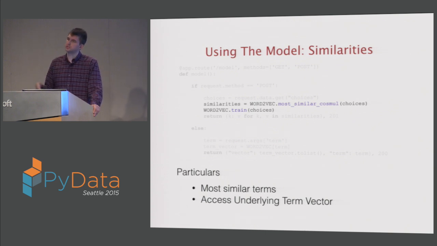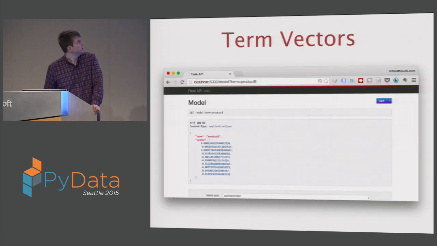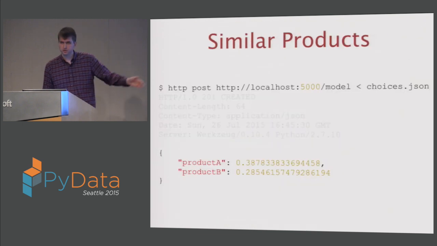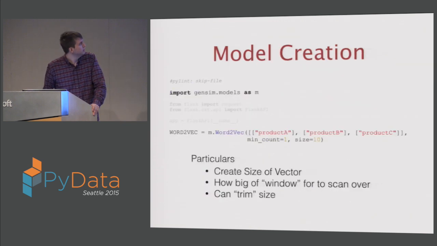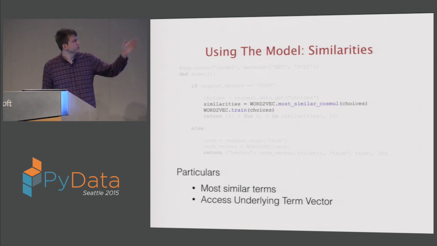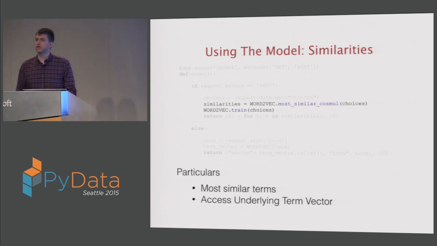So this would be products, for example, but it could really be anything, and returning a stacked list. And I do a little bit so you can serialize it, so you can move it across the wire. But that's what these are doing, and I'm retraining it, so you can imagine as you get more and more information, you're just sending documents into this training, and you're getting better updates.